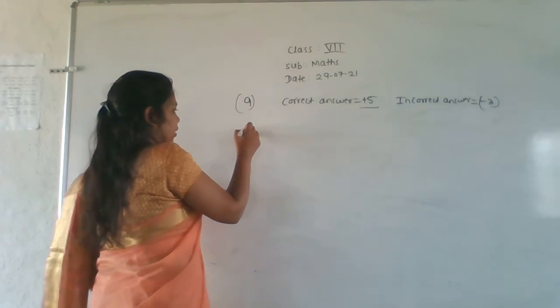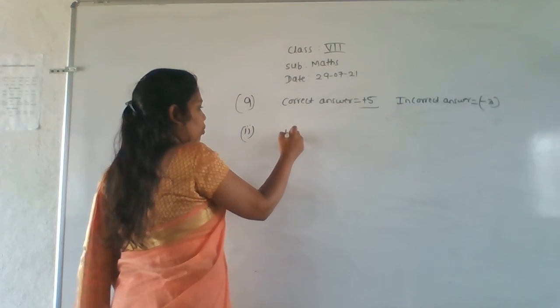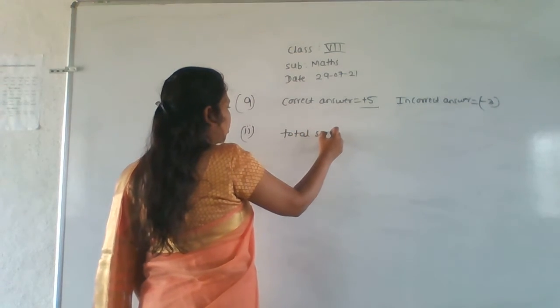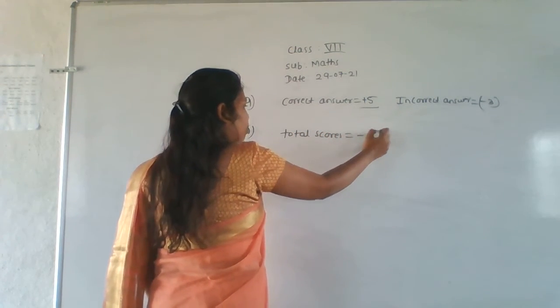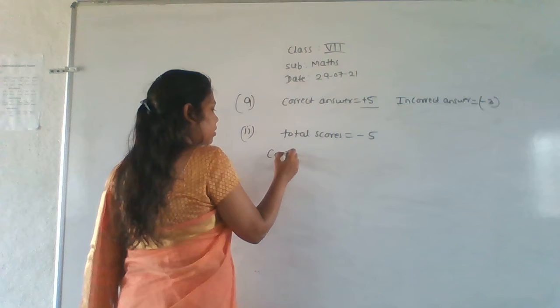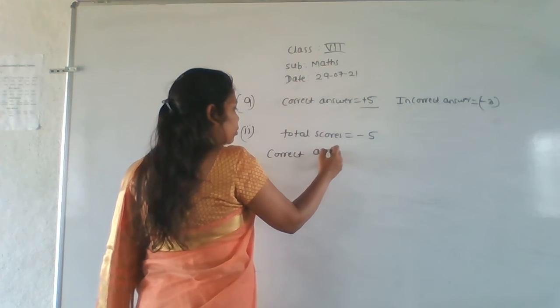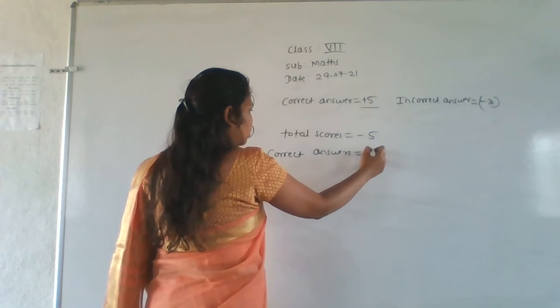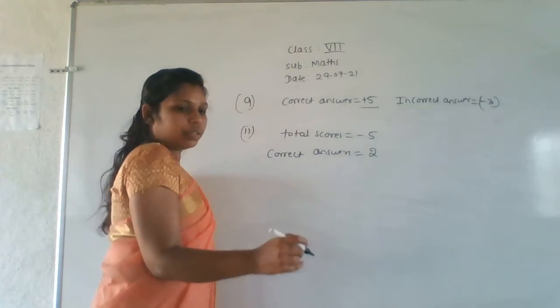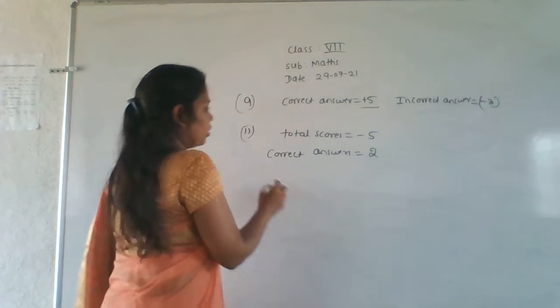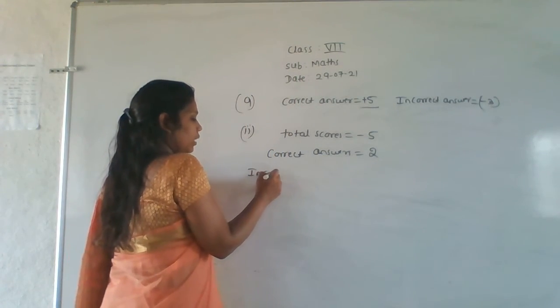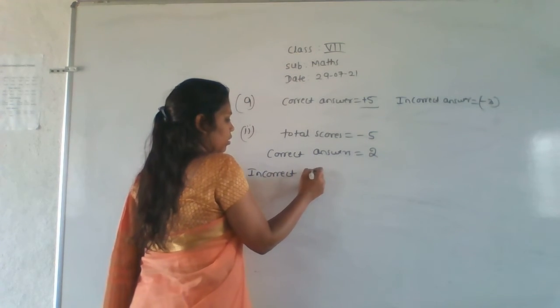Same thing they have given here. Total score is equal to minus 5, and correct answers are 2. Next, we have to find the incorrect answers.